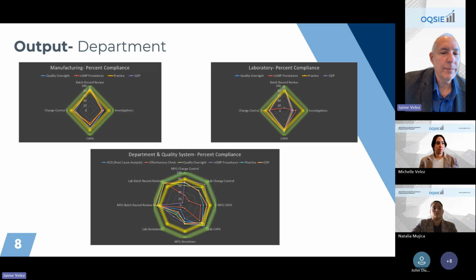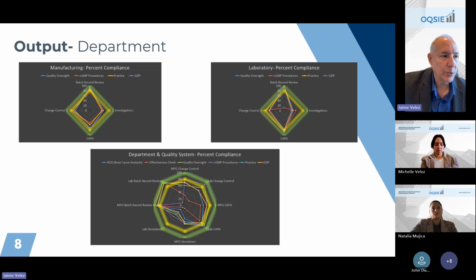Imagine looking at the manufacturing department, for example, with the perspective of the outcomes of all the different document reviews that are occurring. Batch record review, investigations, CAPAs, change controls, and having a quick slice and a quick read on the different dimensions that you can discern from those document reviews, right?